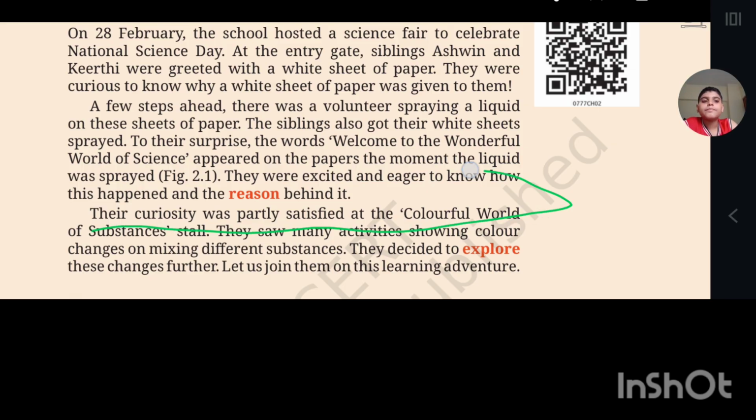Their curiosity was partially satisfied at the colorful world of substances stall. They saw many activities showing color changes on mixing different substances. They decided to explore these changes further. Let us join them on this learning adventure.